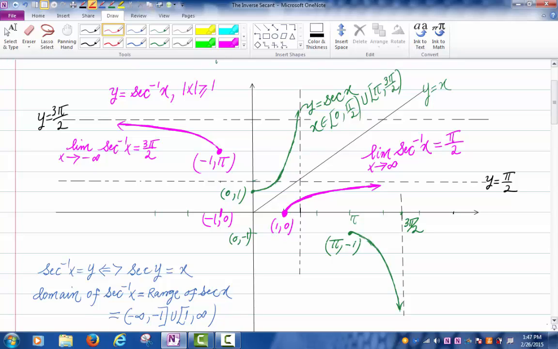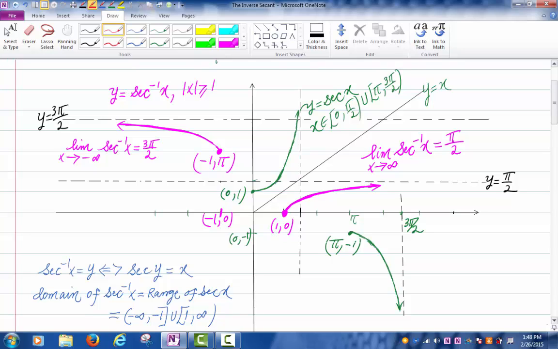Okay, so first of all, when I drew this yesterday, the first thing I did was draw the graph of secant. But remember, the secant function is a periodic function, so it's not one-to-one. So once again, what we have been doing is taking a restricted domain of the secant function where it is one-to-one.